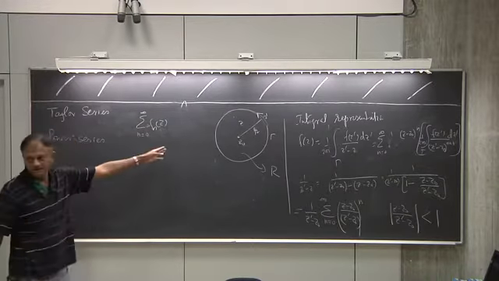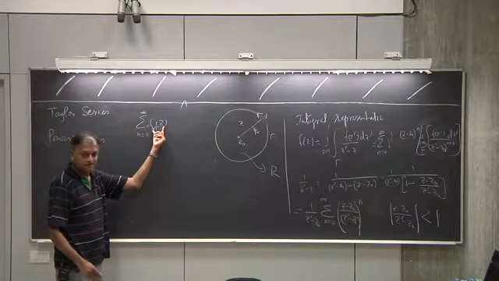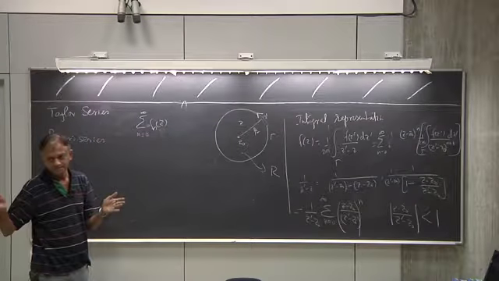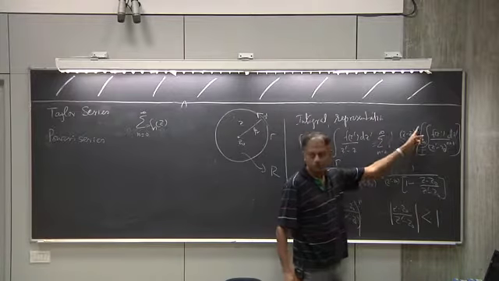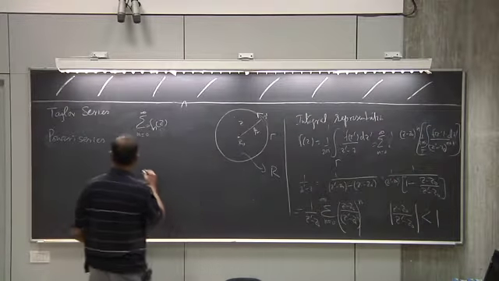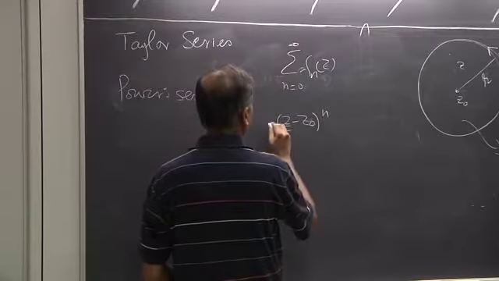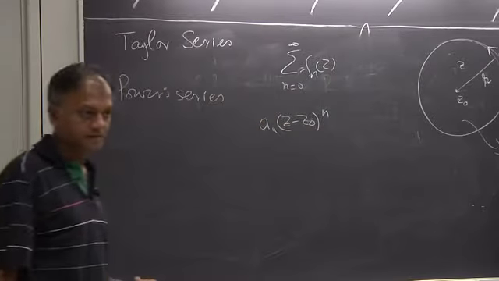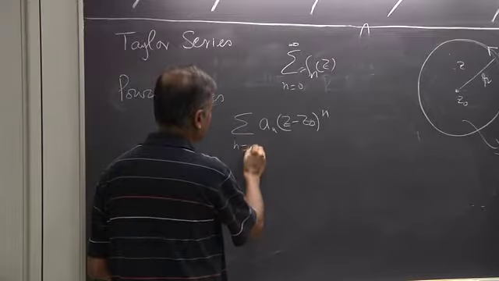But a power series is a special case where f_n(z) is a power of z minus some number, like z minus z naught to the power of n, times some coefficient a_n, summed over n equal to 0 to infinity.